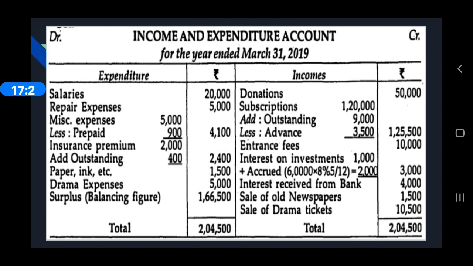The surplus is normally called the excess of income over expenditure. So here there is a surplus of income. It is more or less what we calculate like net profit, but here we should not say net profit; instead we call it surplus, also mentioned as excess of income over expenditure, 1,66,500.